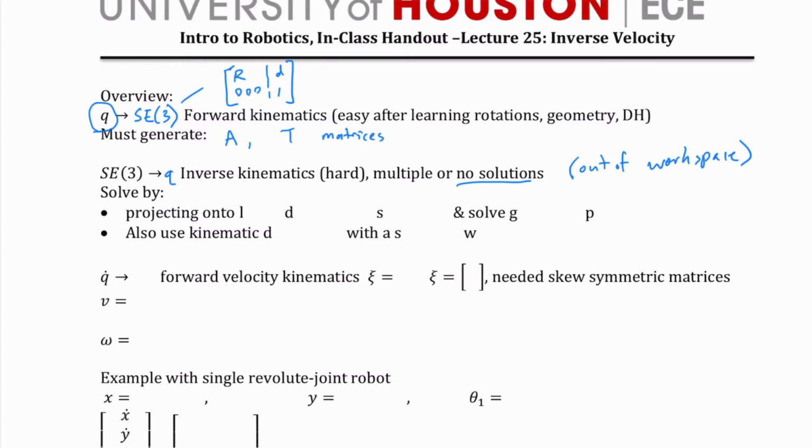Now, our solution to this was twofold. First, to find our velocities, we would just project into a lower dimensional subspace. And once we were there, then we would just solve a geometric problem. So we'd try to figure out what are the angles in order to solve this. To do our orientation, we would use kinematic decoupling.